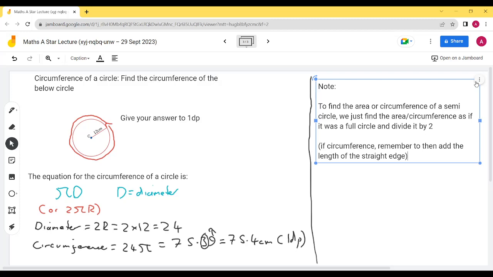You'd work out the semicircle, which is divided by 2, and then you just add the straight edge. But we're going to look at now for in general. So that's for semicircle. For a quarter circle, you divide by 4, but we're going to look at arcs and sectors as well.